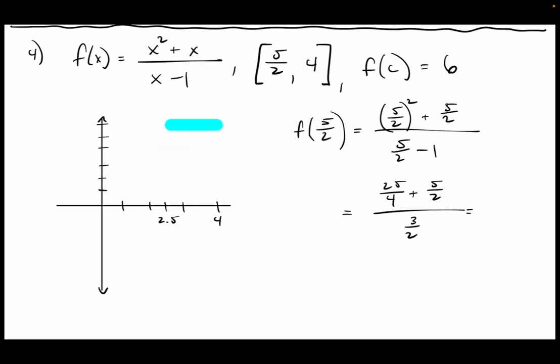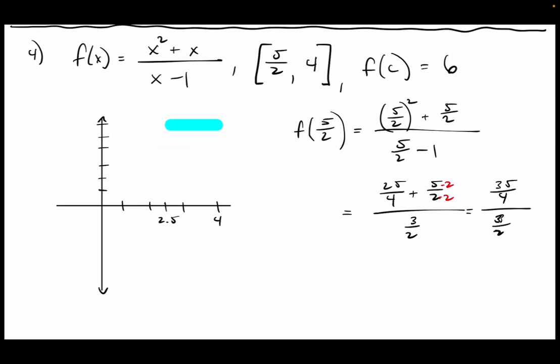Common denominator on top is going to be 4, so you get 25 plus 10 is 35 over 4, which is 8.75.